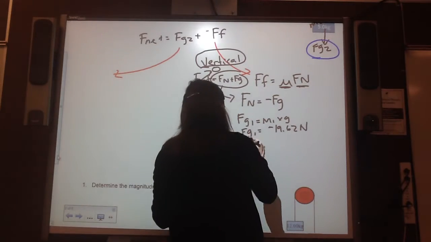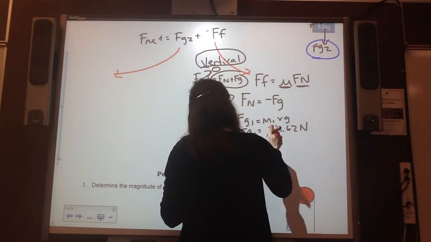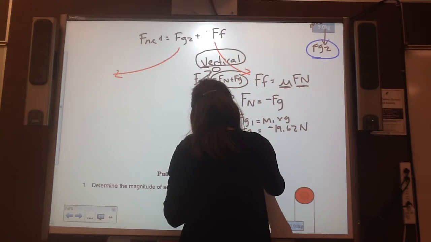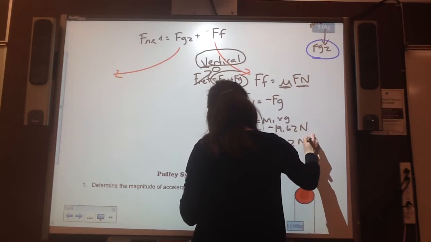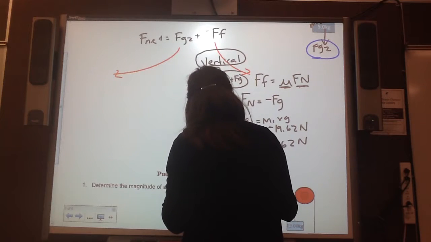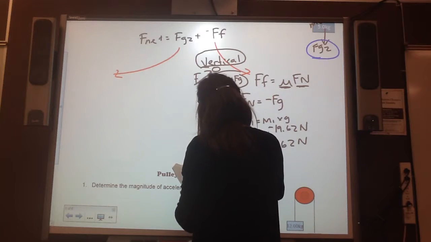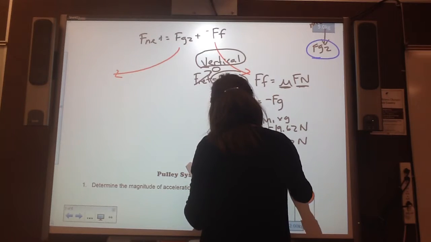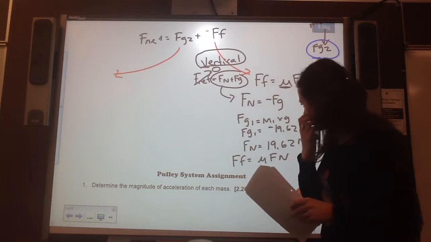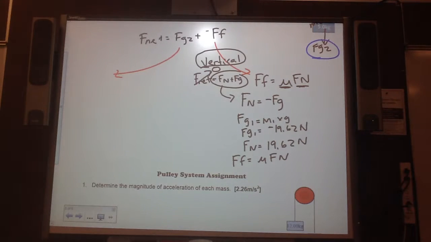Okay, so my Fg1 is negative 19.62, so my Fn is equal to 19.62 newtons. You can then use this formula and say Ff is equal to mu Fn. Sorry if I didn't leave enough space in your questions. Is this too little space, or is that okay?